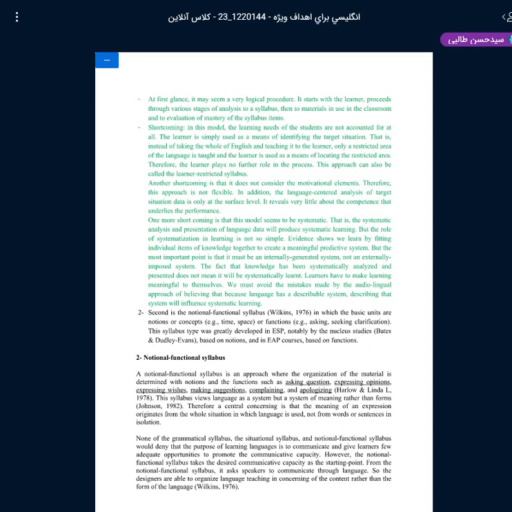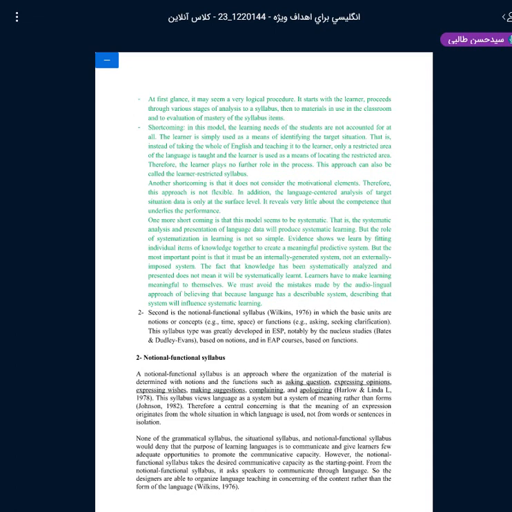However, in the notional functional syllabus or in the situational syllabus, the idea is that just knowledge of vocabulary and grammar doesn't guarantee that learners can use language in communication for different functions in different situations. Therefore, the claim is that students must be introduced to the functions of language or the different situations.